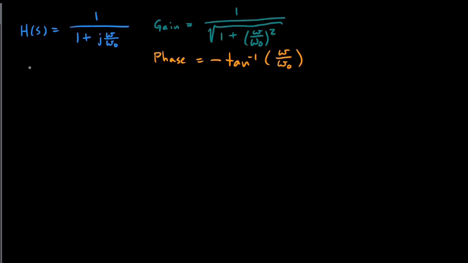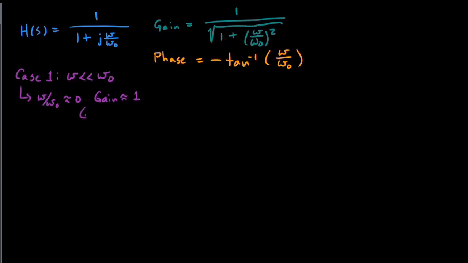So the first case, case 1, is omega is much smaller than omega naught. And from that, we have that omega divided by omega naught is approximately 0. So if we look at the gain, it's going to be 1 divided by something that looks like the square root of the quantity 1 plus 0. And so that means the gain is approximately equal to 1.